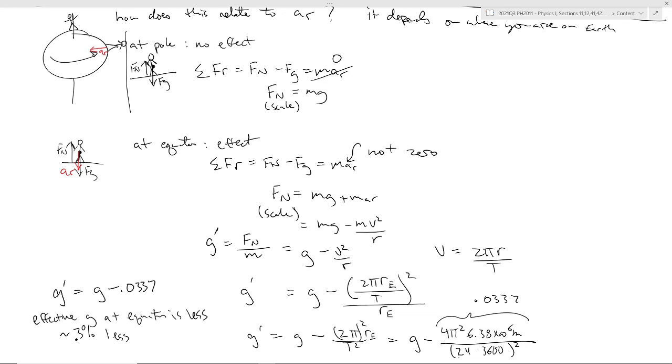Newton's laws are going to work, as we expect, to pretty high precision, and we don't have to worry too much about the fact that we're actually accelerating because we're spinning. So hopefully seeing these details about little g and big G and the centripetal acceleration helps a little bit with these ideas.